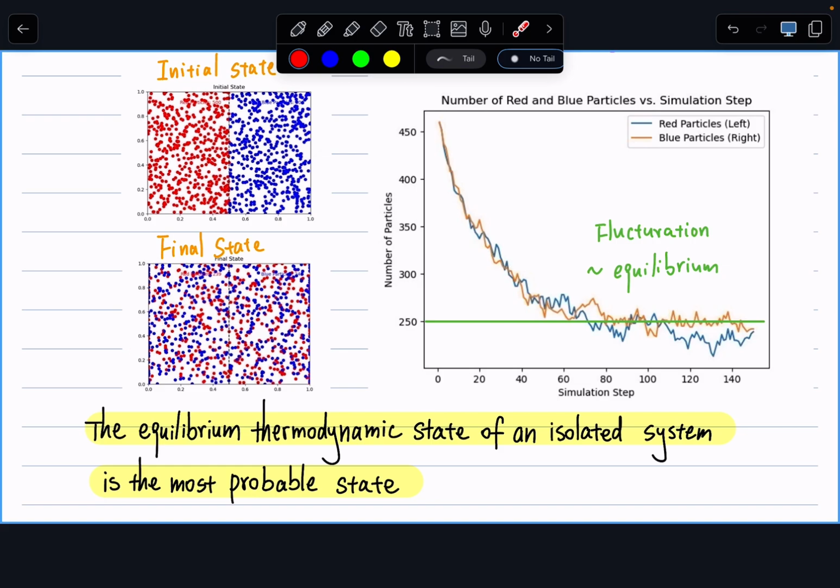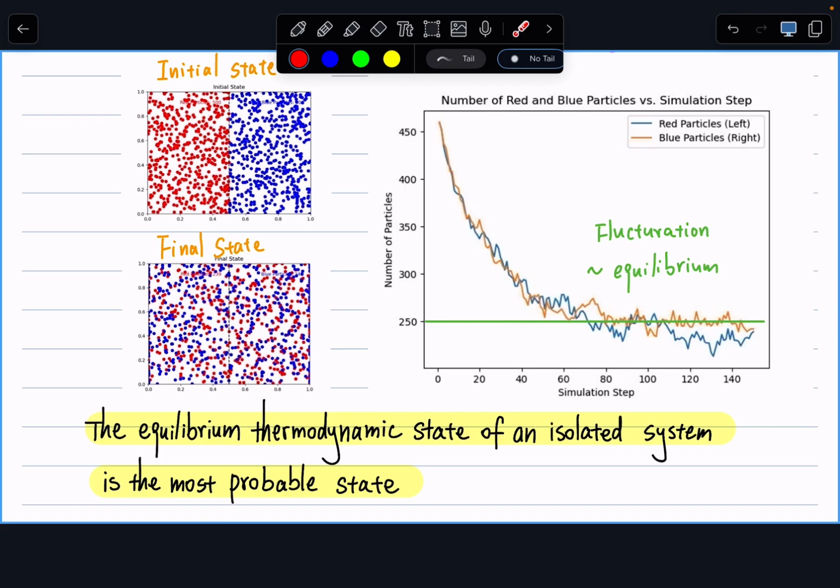So this is just a quick demonstration of what exactly is maximized at equilibrium, right? We used our laws of thermodynamics to derive that entropy is maximized, and using our intuition and a little simulation to demonstrate that the probability of that thermodynamic state is maximized.